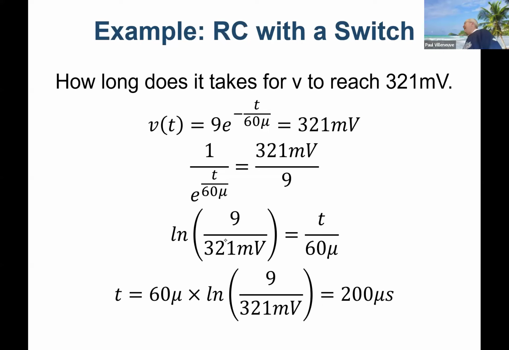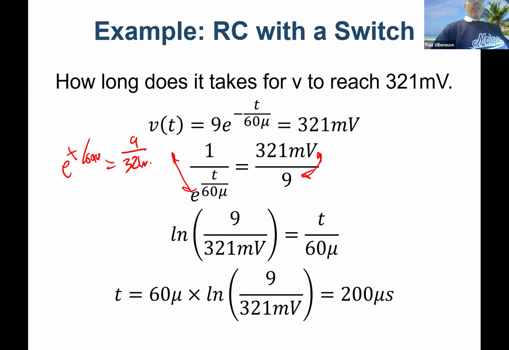You divide both sides by 9, right? And then I just went ahead and showed you when I put e to the minus t over 60 micro, and I actually show it as not a negative term, but a positive term, I end up with 1 over that expression. Then I invert everything, right? So this moves up to here, and these two swap positions. So what you end up with is e to the t over 60 micro is going to be equal to 9 over 321 millivolts, right?